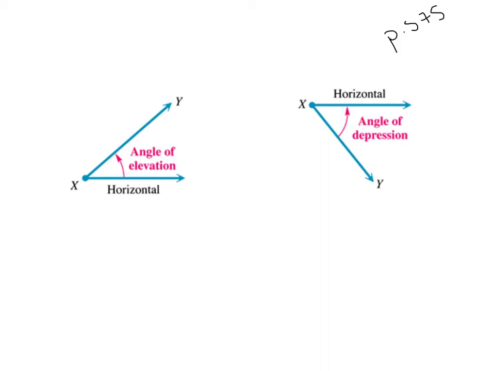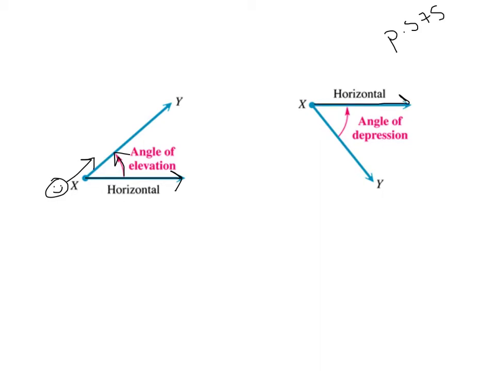So you always start at the horizontal. If your terminal side is above, meaning your eyes are sitting here at X, if you are looking up, that's an angle of elevation.